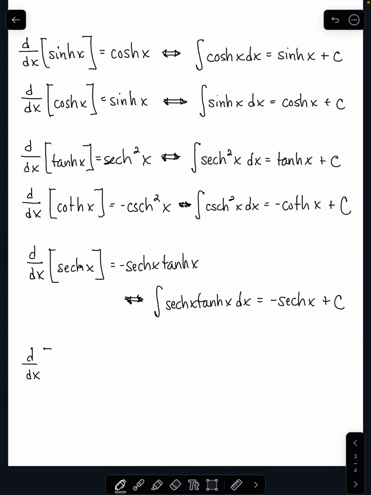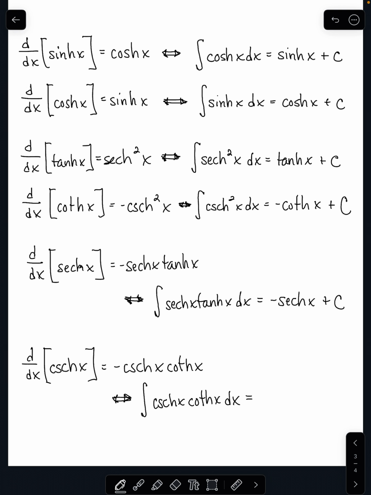And lastly, the derivative of hyperbolic cosecant of x is negative hyperbolic cosecant of x times hyperbolic cotangent of x, which has the equivalent integration statement that the antiderivative of hyperbolic cosecant of x times hyperbolic cotangent of x dx is equal to negative hyperbolic cosecant of x plus c.